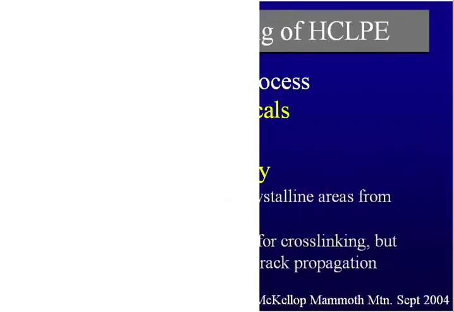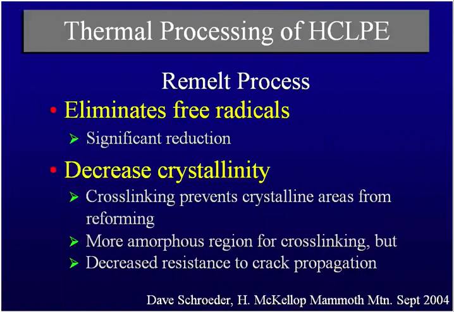If you remelt the polyethylene, so here you take your polyethylene, high dose of radiation, and you remelt it, what that does is the remelting process gets rid of the free radicals, and because the free radicals are out of the system, you can cross-link. And also the cross-linking areas decrease the crystallinity, and so you have a product that has low crystallinity, high cross-links, not too many free radicals. Okay? You're starting to follow this?